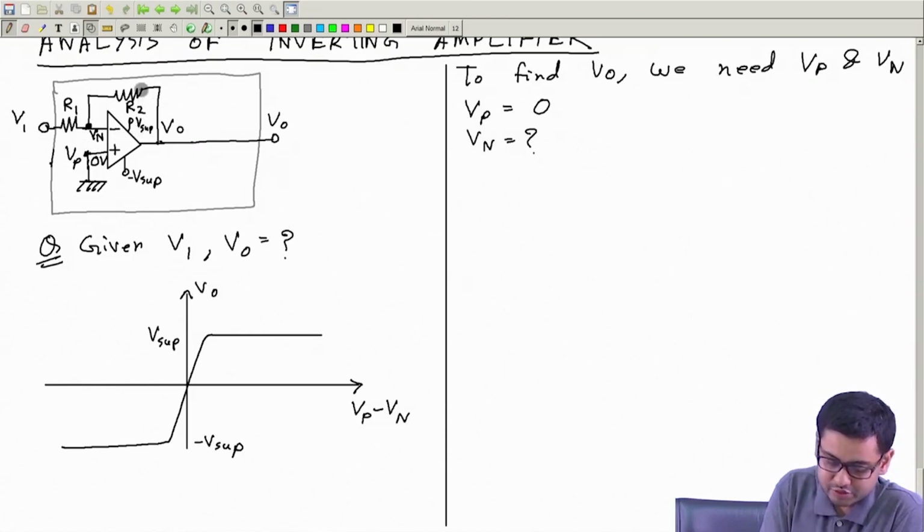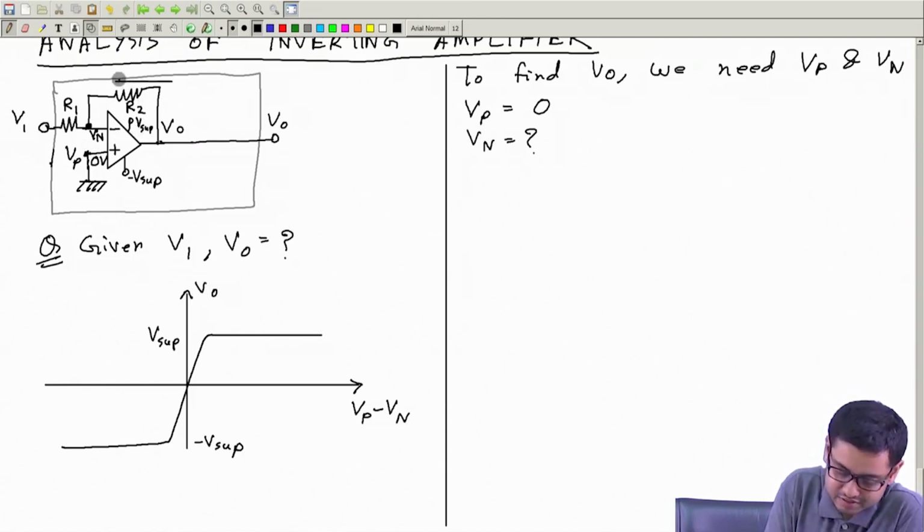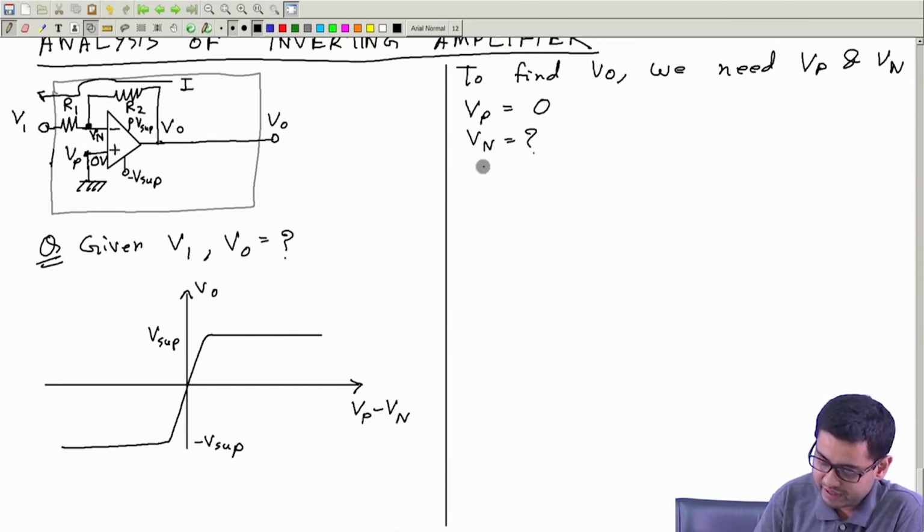So let's find this current I, which is flowing like this, from here to here. How much is I? I is nothing but VO minus V1 divided by R1 plus R2.